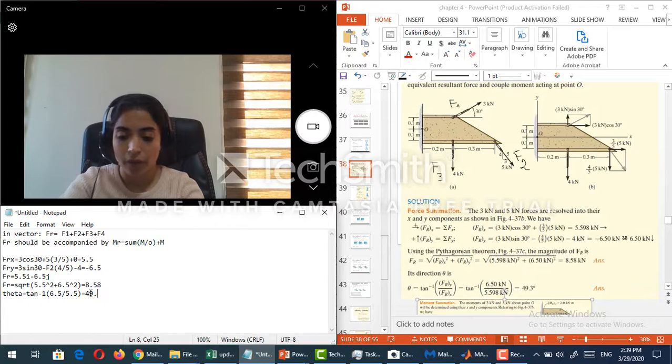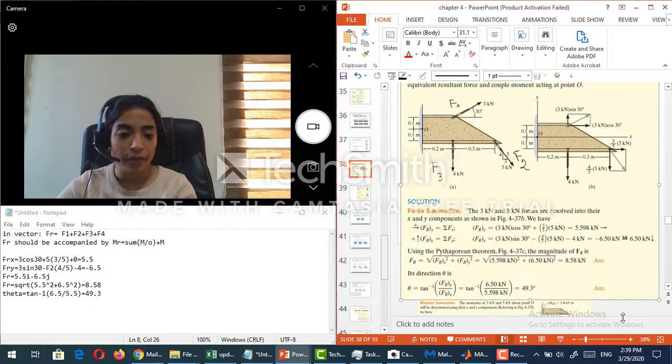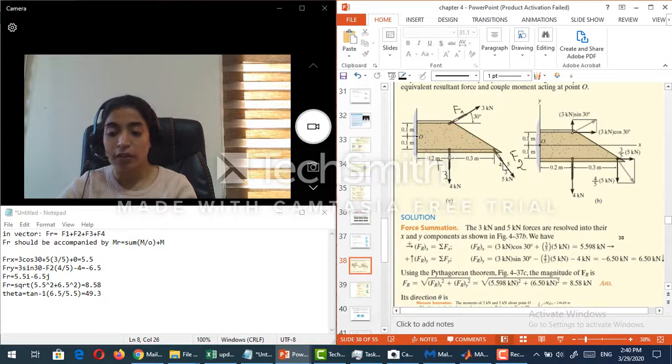Okay, so guys, let's go to this figure here and let's draw our F resultant. Our F resultant is defined by an angle equal to 49.3 from X. So let's say this is X, and this is, for example, 49.3.